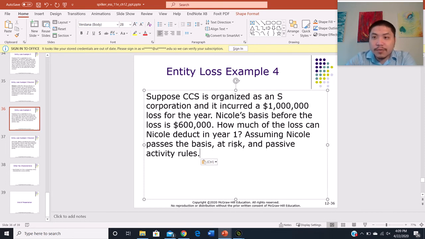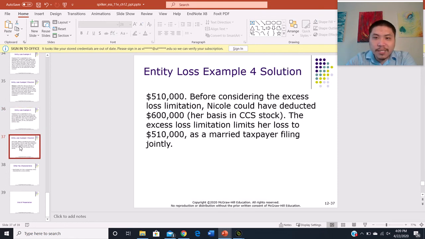Remember that's the excess loss deduction rule, meaning taxpayers cannot deduct above $510,000. That's the limit for married filing jointly taxpayers. So the answer is $510,000, because even though the loss was $1 million and her basis was $600,000, and she passed all the tests, so technically she can deduct $600,000, since there's the excess loss limitation, she can only deduct $510,000.